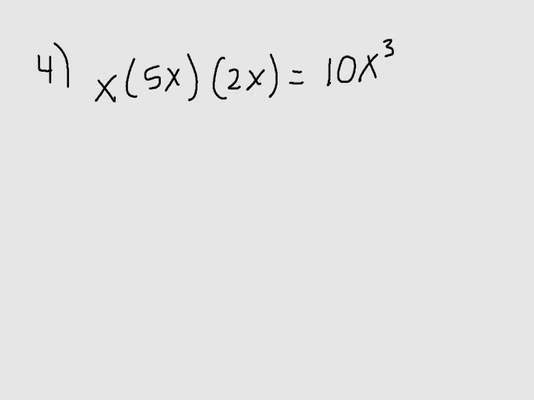Alright, so for this problem, we're going to do the same thing. We're going to work out this side of the equation. I notice there are no plus signs, no minus signs. It's just all together, so that must mean they're being multiplied. Put a little dot right there. Okay, we're multiplying all of this.